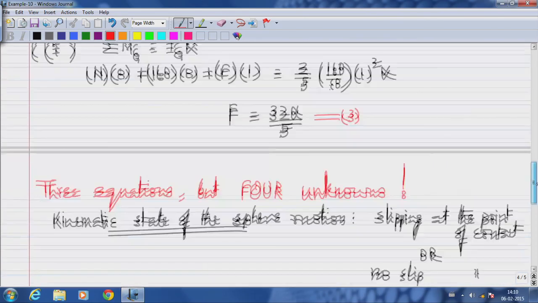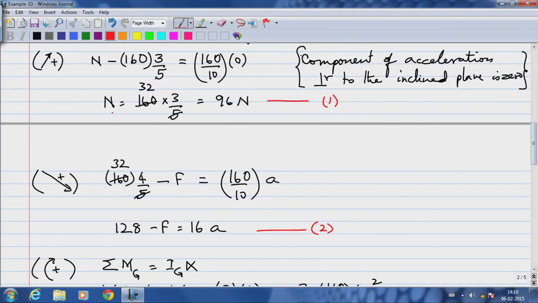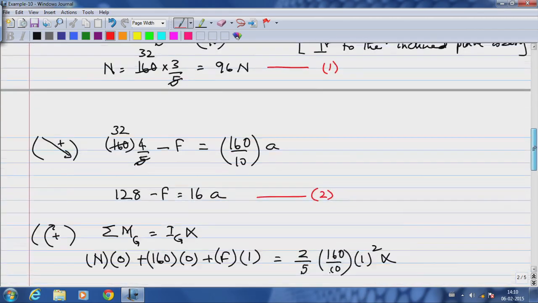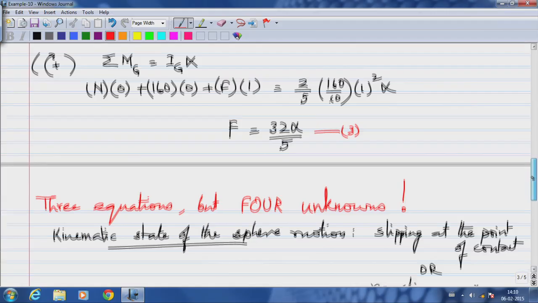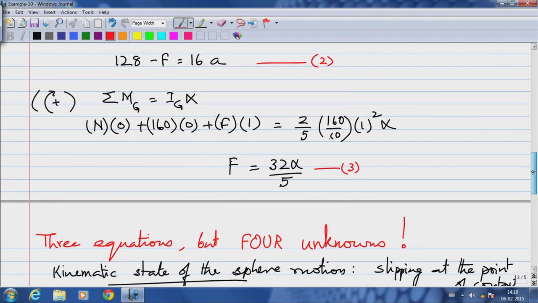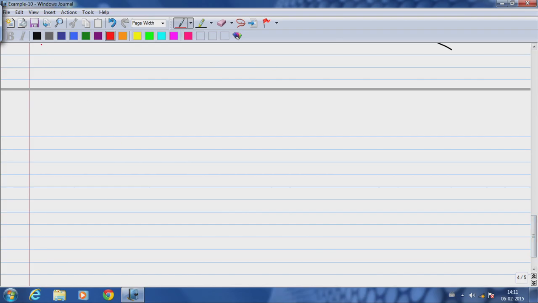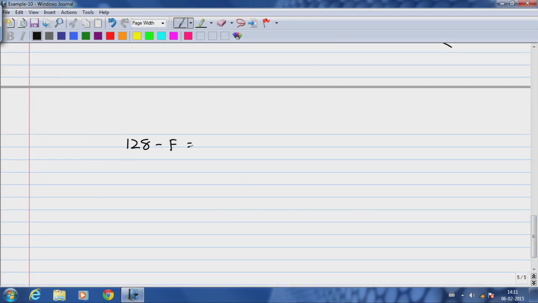So, let us write them down. I am going to ignore the first equation, because that is just telling me that the normal reaction is 96 newtons. I am going to write down equations 2, 3, 4 and solve them. 128 minus f equals 16a.